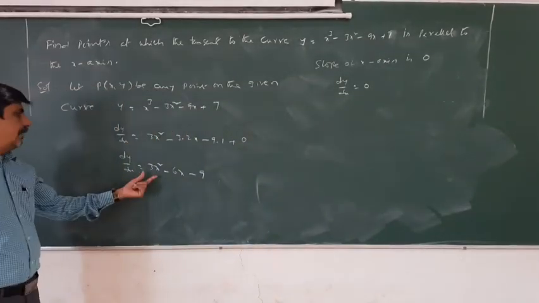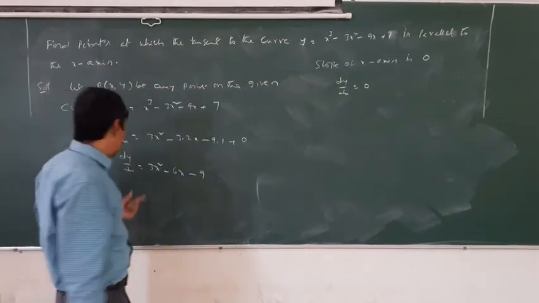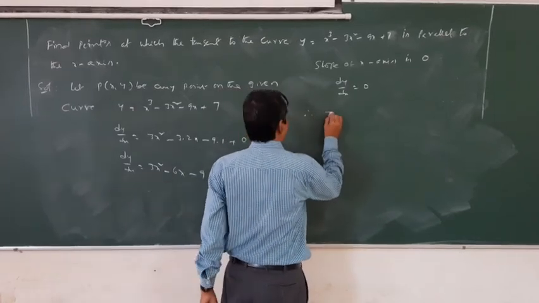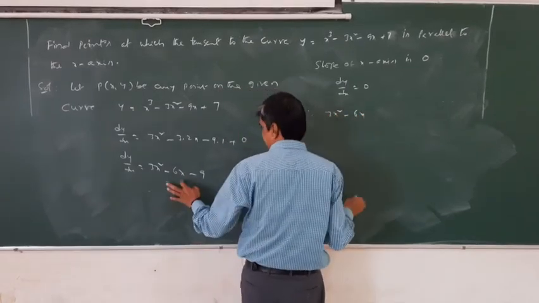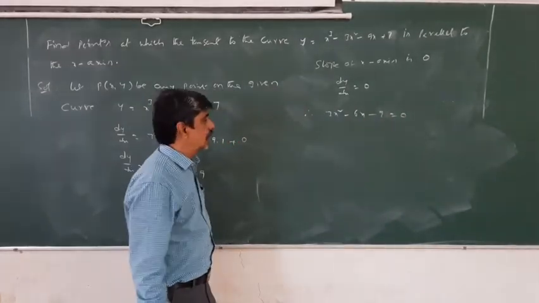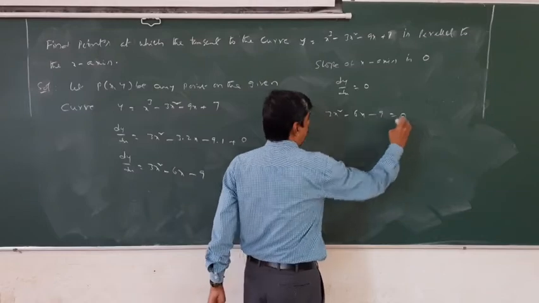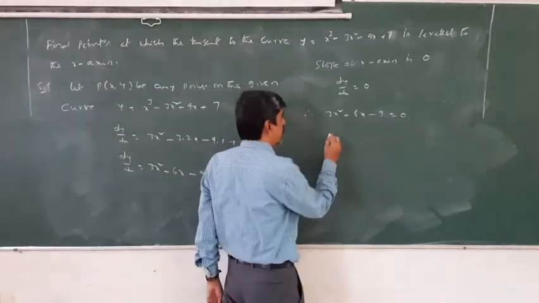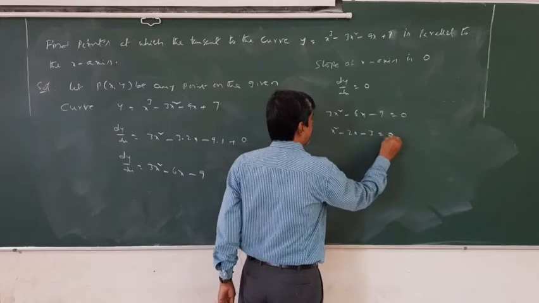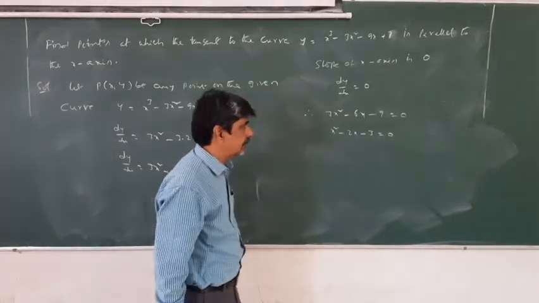Substitute dy by dx equal to 0. Therefore 3x square minus 6x minus 9 is equal to 0. Throughout the equation, divide by 3. So this becomes x square minus 2x minus 3 is equal to 0.